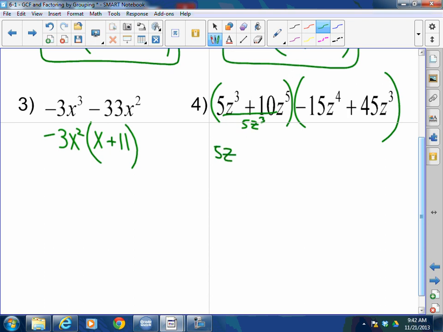So I got 5z cubed, which gives me 1 plus 2z squared, right? What can I factor out of here to give me a 1 plus 2z squared? Really? 45 divided by 15 is 3. Yes, sir.